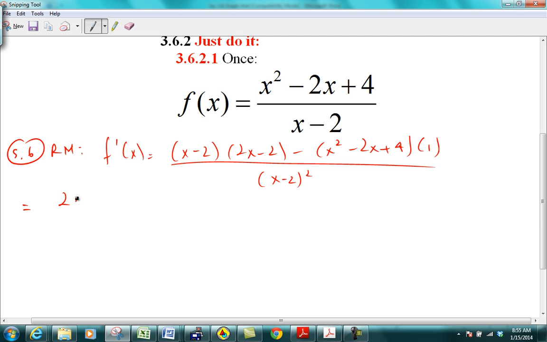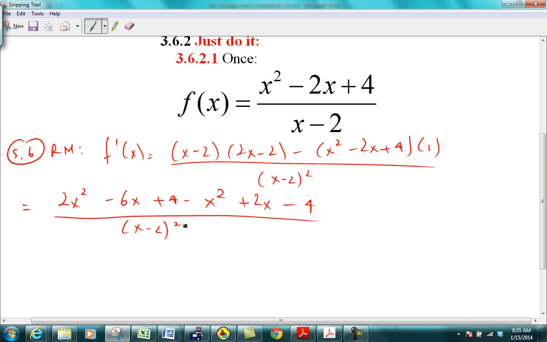So the top becomes 2x squared minus 6x plus 4 minus x squared plus 2x minus 4 all over x minus 2 quantity squared.